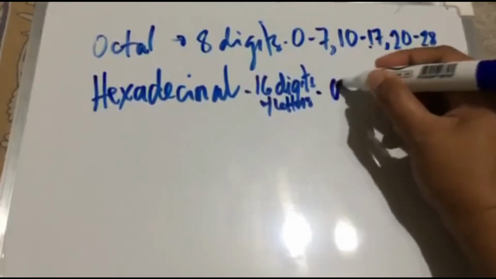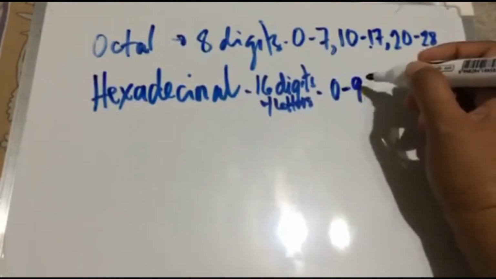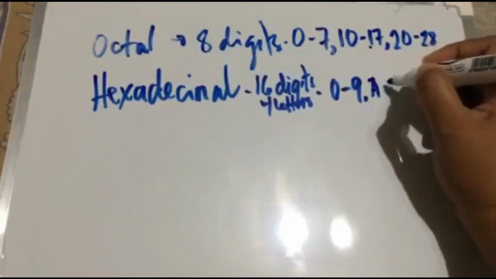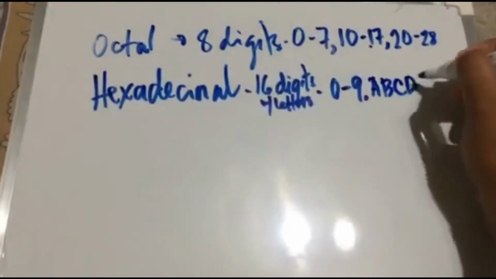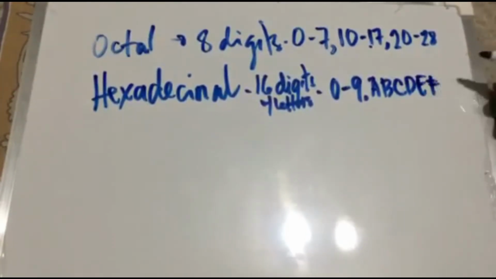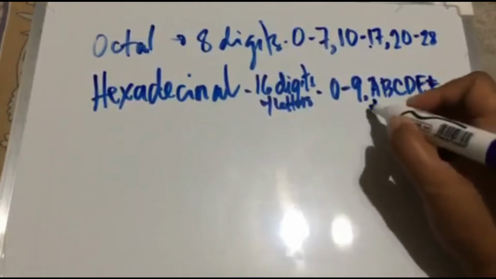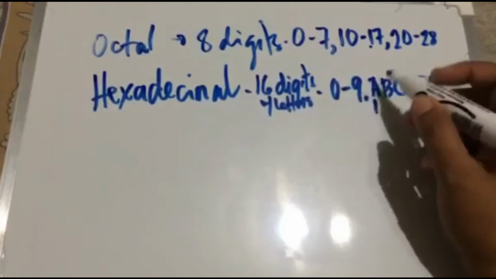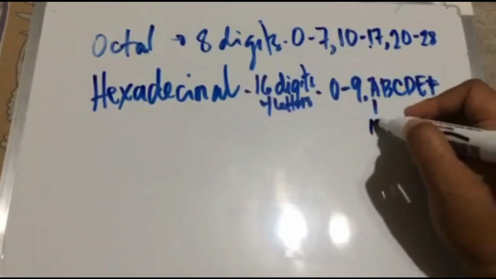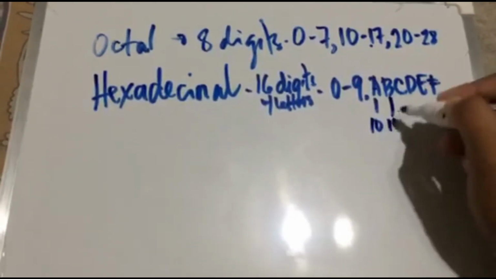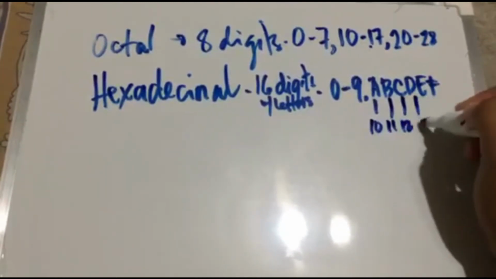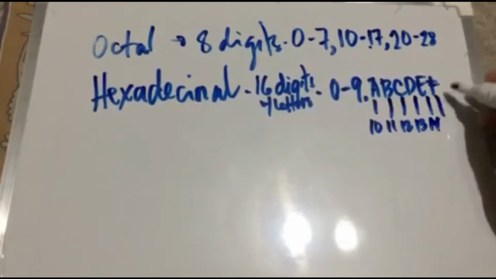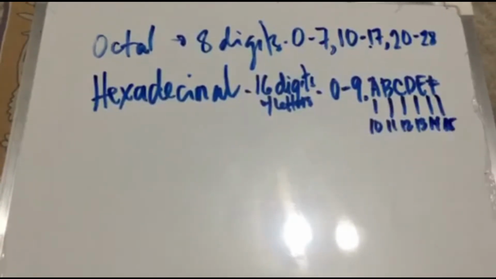So it consists of 0 to 9, and then after 9 you have the letters A, B, C, D, E, and F. If you're going to convert this to decimal number, letter A is equal to 10, B 11, C 12, D 13, E 14, and F is 15.